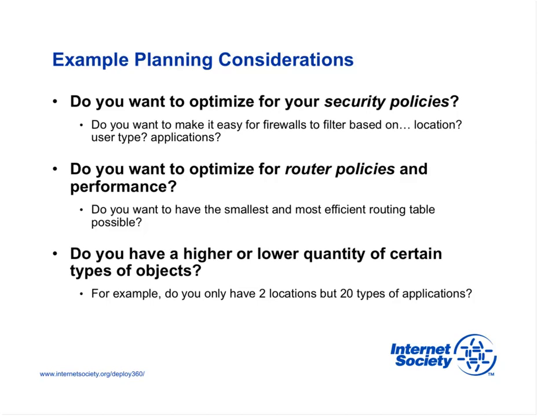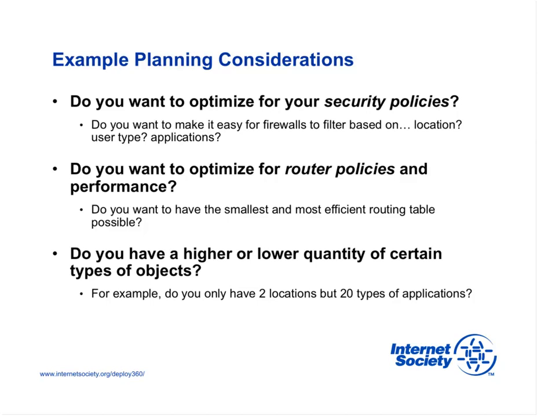What is most important for you in thinking through how you want to filter on this? The other item is, do you want to optimize for router policies? Is your goal to have the absolute smallest and most efficient routing table you possibly can? If you do, then you may want to make some choices around which location topologically you're using, because then you can put smaller routes in the upper level routing table.